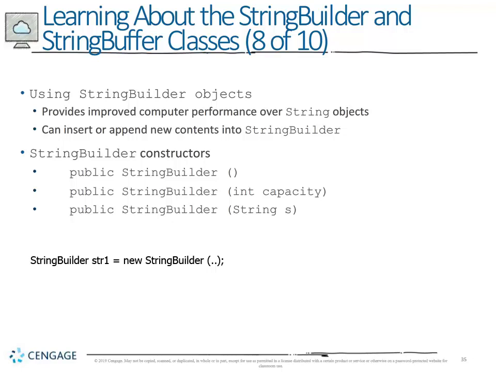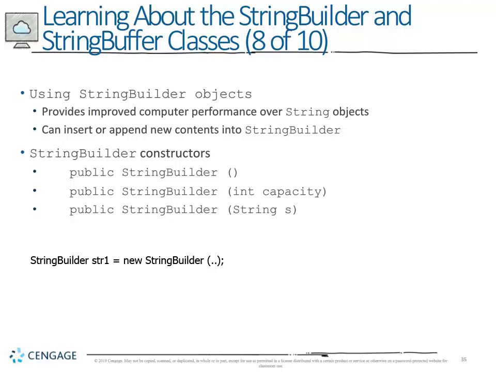And if we pass a string, it creates a StringBuilder whose value is initialized by the specified string, plus an extra 16 empty elements trailing the string. So if we are going to create a StringBuilder object, we say StringBuilder string1 equals new StringBuilder. Then we have three options: we pass no parameter, we pass an integer for capacity, or we pass a string.